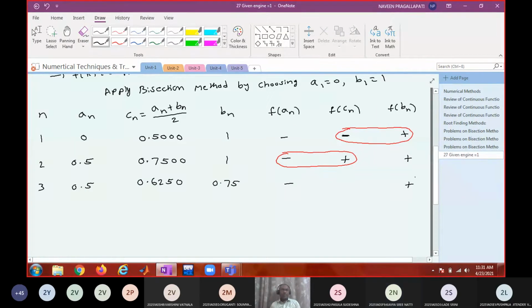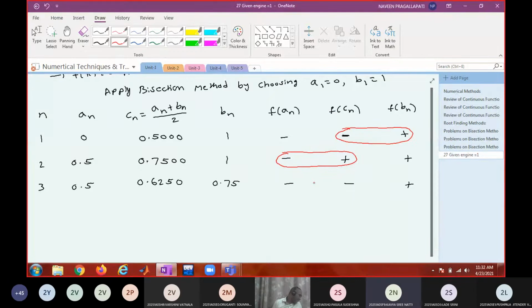Find the sign of f of c3. Negative. Is it negative? Because I know the answer, that's why. Please check again.